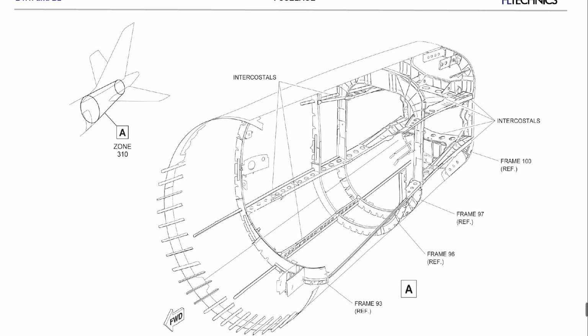Have a look. They have specific shape, and they are not like stringers once again, but the function is similar to the stringers. But because of the different design and the different shape, they have different name, intercostals. From frame here 93 to 96, 97, 100.